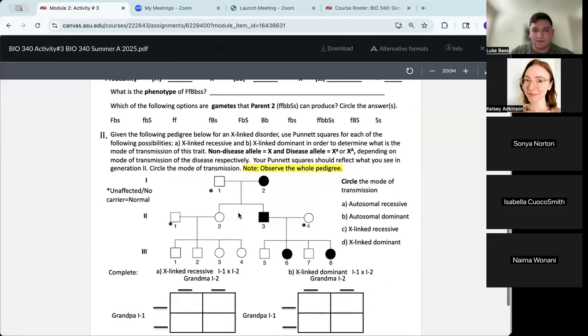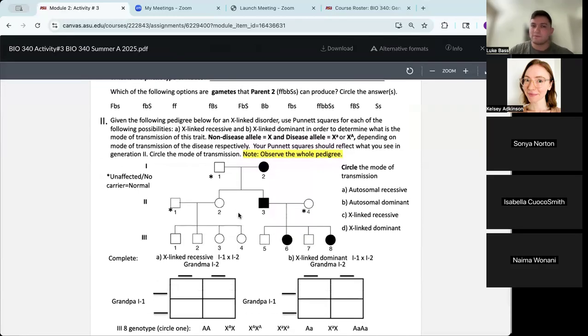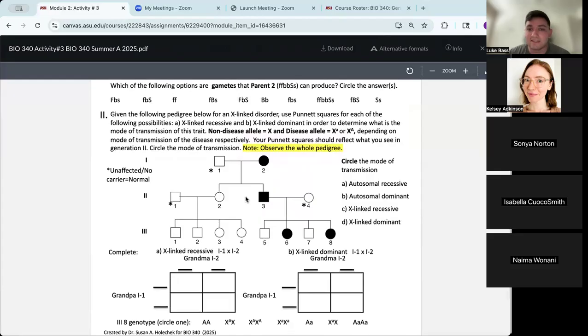So then down here, you're actually looking at a pedigree again, and you're looking at one for a specific X-linked disorder. And we can say that it's X-linked because of the first clue. We don't know for sure with these first two generations, just because the parents here only have two kids. So you have a 50% probability that your child is going to be affected if it's a normal autosomal disease, and we only have one child affected.